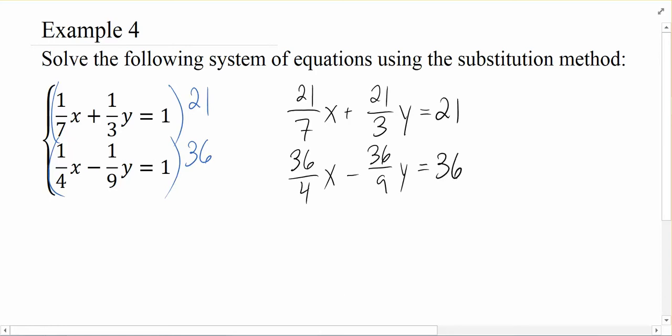And then you can see the beauty of why we chose to do that. 21 sevenths is 3. 21 thirds is 7. 36 fourths is 9. And 36 ninths is 4.